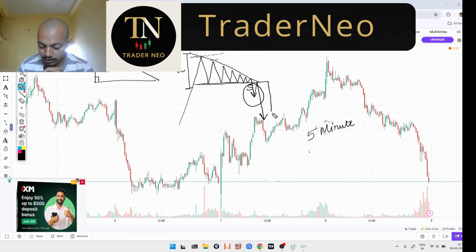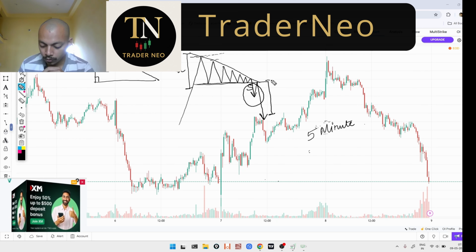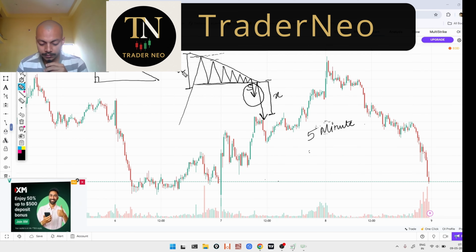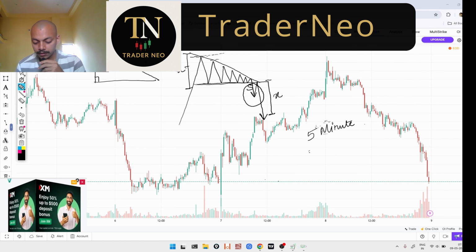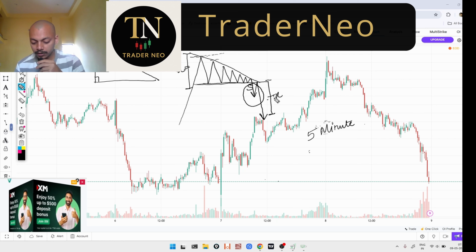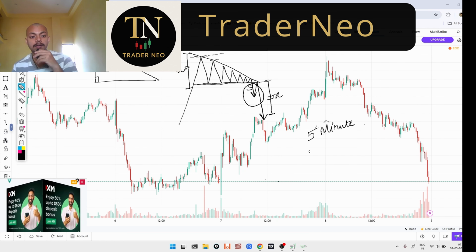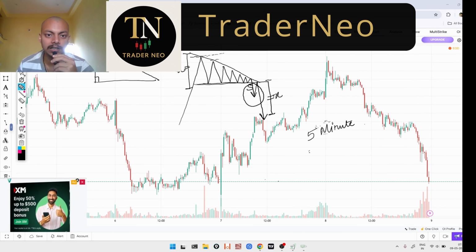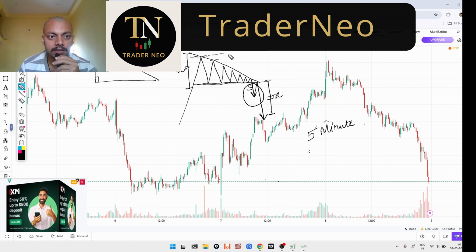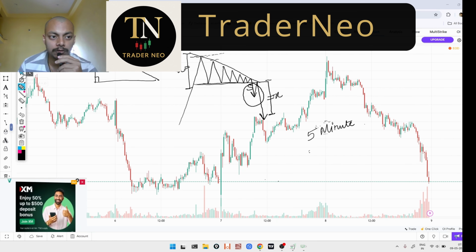Usually we plan for a down move that is equal to this line. The length of this line is equal to the length of the move that price usually makes after breaking down this triangular pattern.